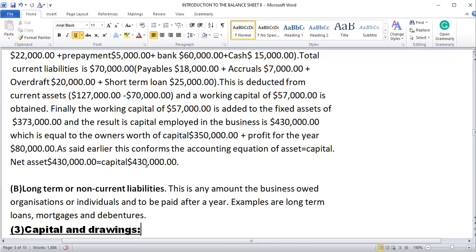I have a video on the foundation of accounting: the accounting equation, double entry, and others. Please go and watch that video. When you are putting up a building and the foundation is not strong, definitely the building will collapse. So also in accounting, if your foundation is not strong, as you build up, it becomes more complex.